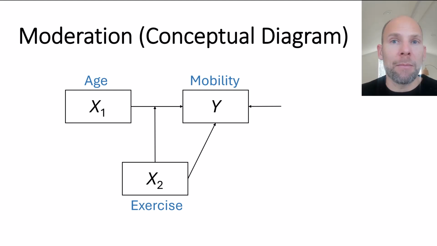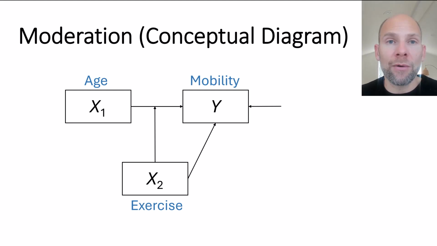So this might be a buffering interaction, so to say, or a buffering effect to where exercise is protective and ameliorates or improves the effects of aging on mobility issues.